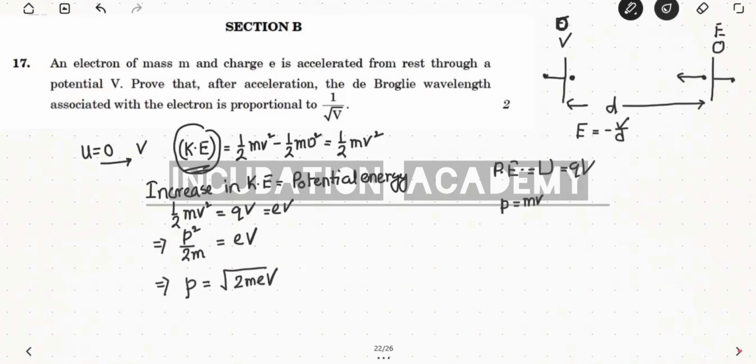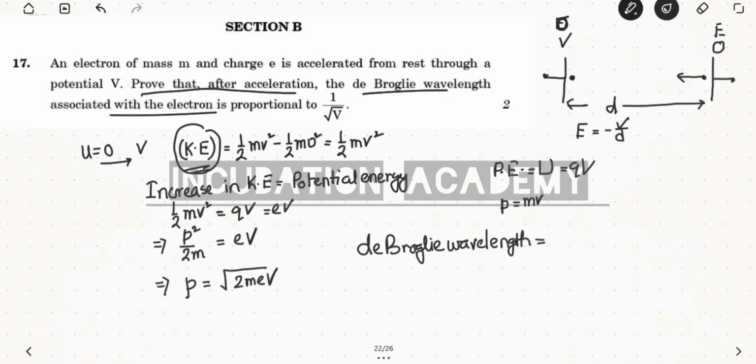Now what do we need to find? Prove that after the acceleration, the de Broglie wavelength associated with the electron is proportional to 1 by root V. After the acceleration, meaning after passing through the potential difference V in the electric field between the two plates, according to de Broglie, the de Broglie wavelength is a bridge relationship between the particle nature and the wave nature, not only of light but in every case.